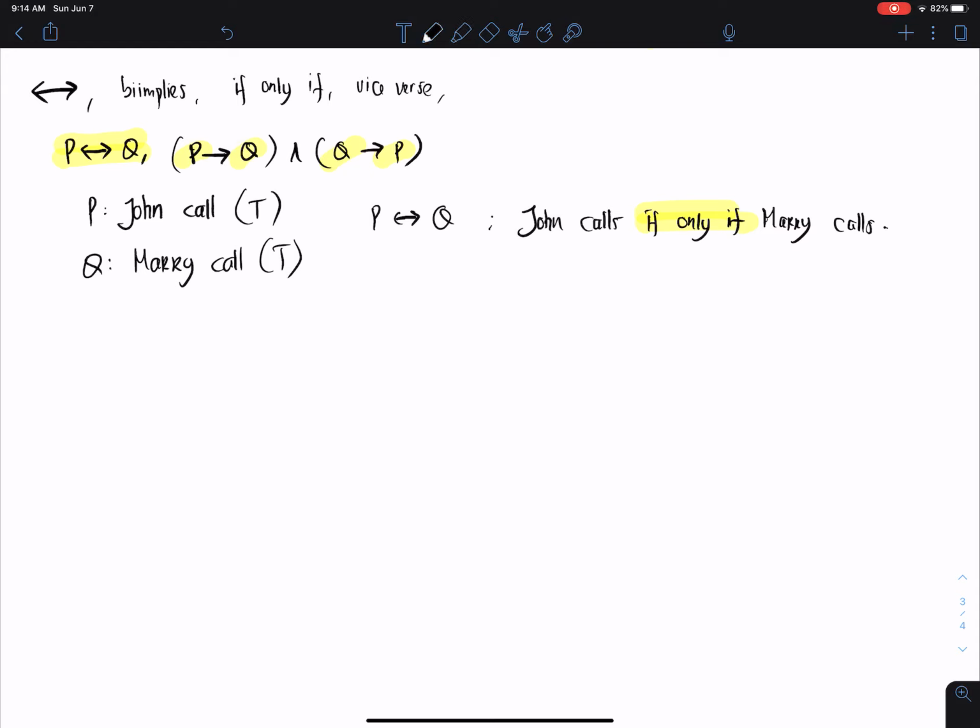Or also if we are using the other definitions of Biimplies as it is here, we also can arrange another statement but still hold the same truth value. It will sound like: if John calls, then Mary calls.